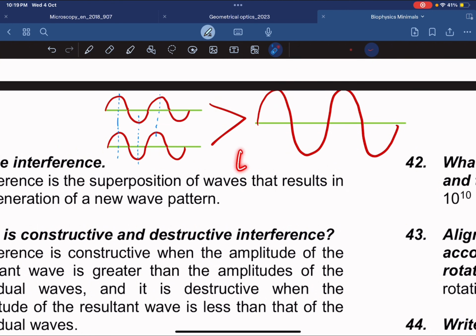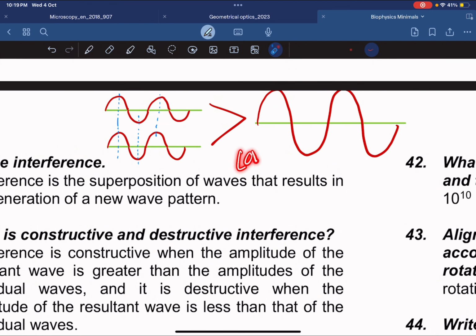This is called constructive interference. Now, on the other hand, if we were to take this and just erase this, and this.